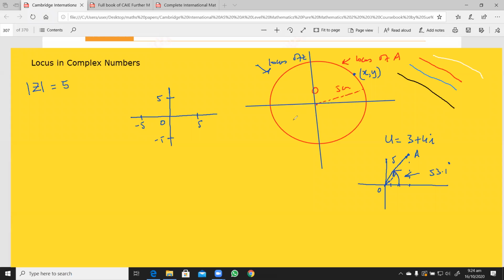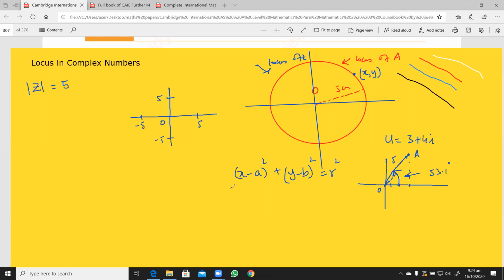Do you remember the equation of a circle? Shaleen, what would be the equation of this circle then? X plus whole square equal to 5 square. Very good. Basically the equation of a circle is x minus a whole square plus y minus b whole square equal to r square.